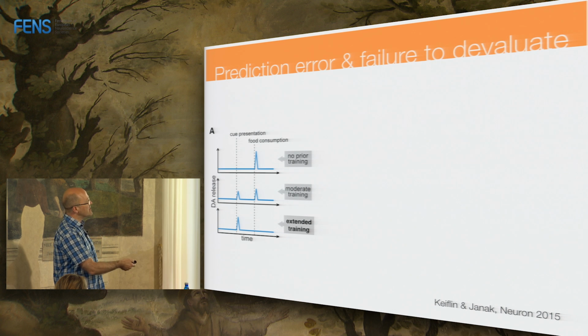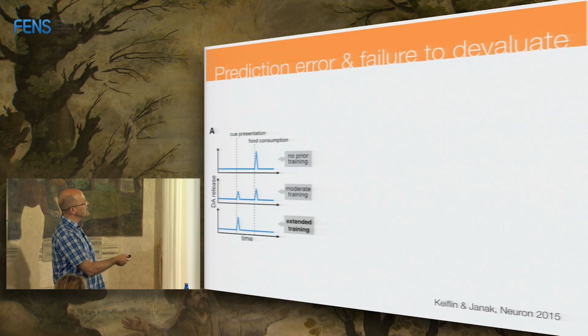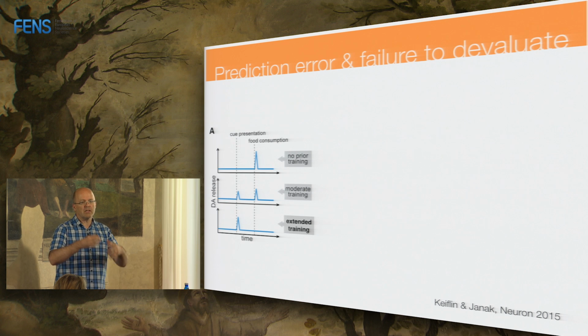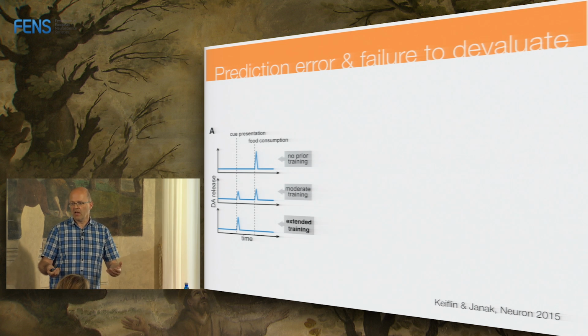Here you have the exact same graphical representation of the experiment that I just showed you, right? In the beginning, you have the cue presentation that does not signal the reward yet, so therefore the reward comes by surprise, and that activates the dopamine neurons. With time and what is called here moderate training, you start to have a reaction, a peak that emerges at the moment of the CS presentation.